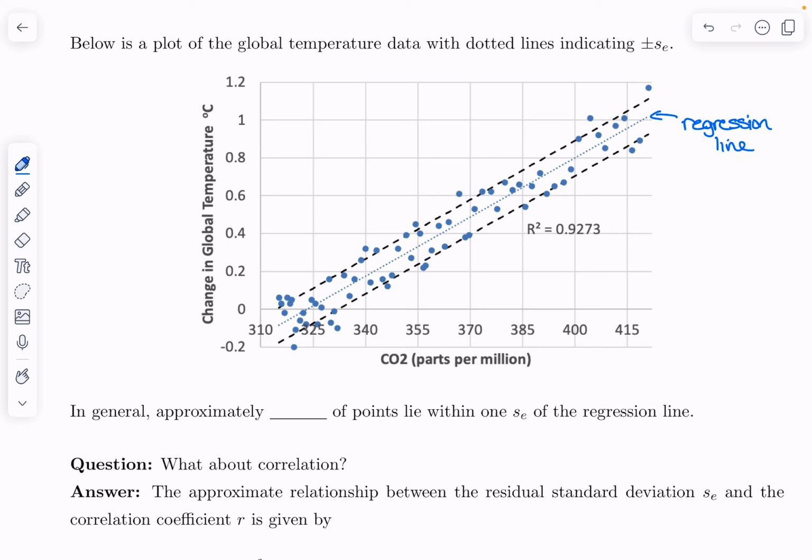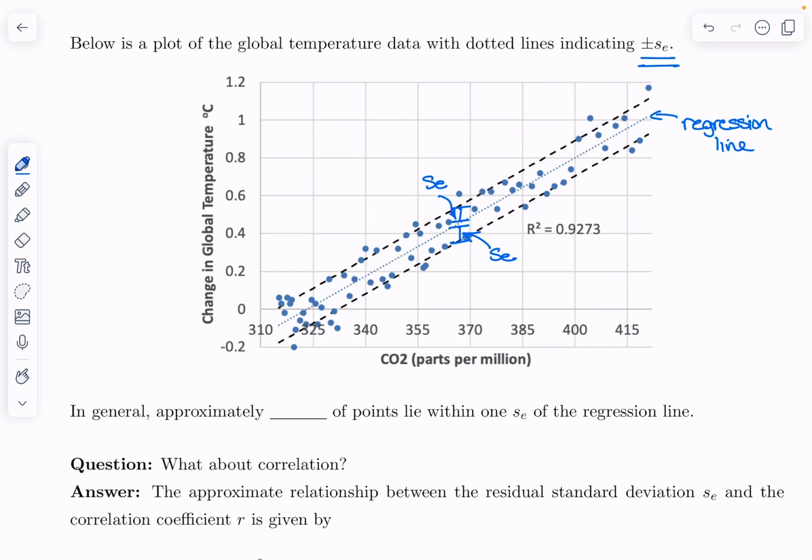The black dashed lines are plus or minus 1 residual standard deviation. So this distance here is going to be SE, and this distance here is going to be SE.